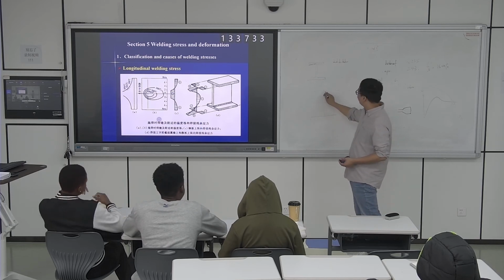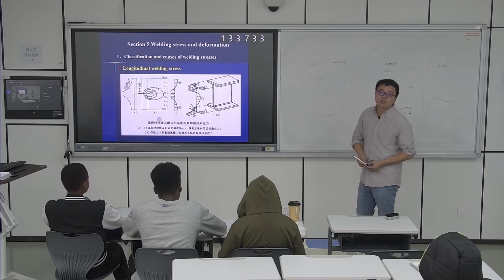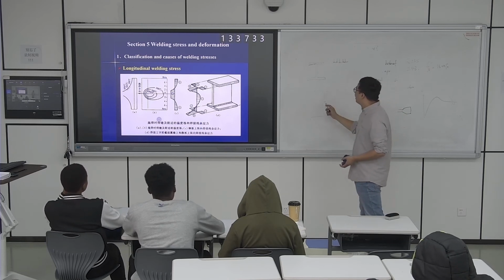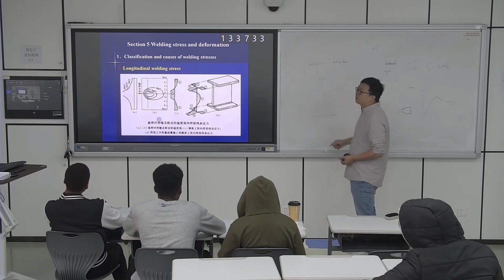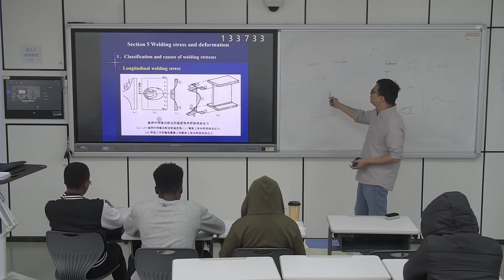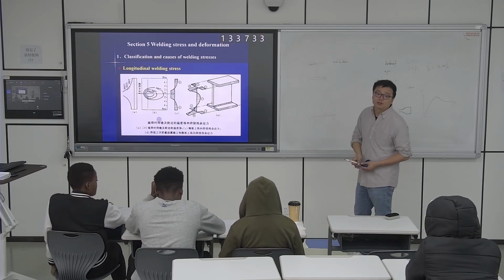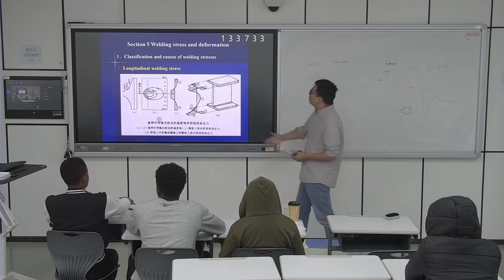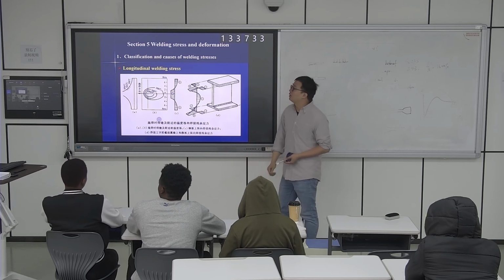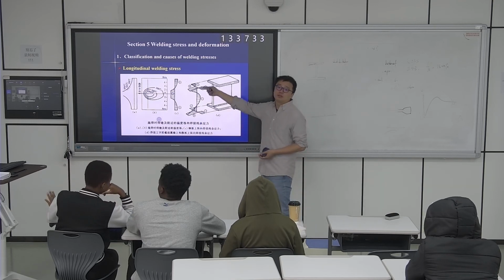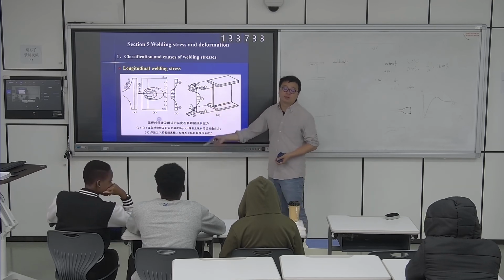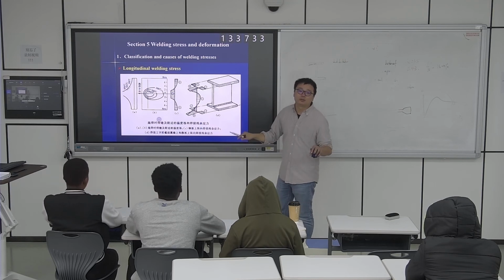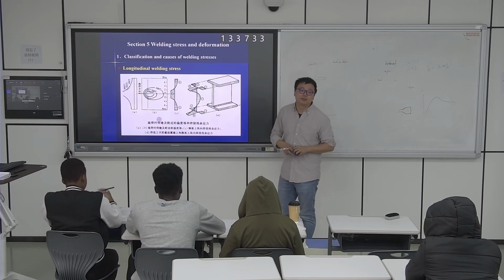They have 4 corners, right? And the initial stress for the plates is uniform, right? But when we weld this one, when we cut this surface, we can find the stress distribution is changed. Why is it changed?